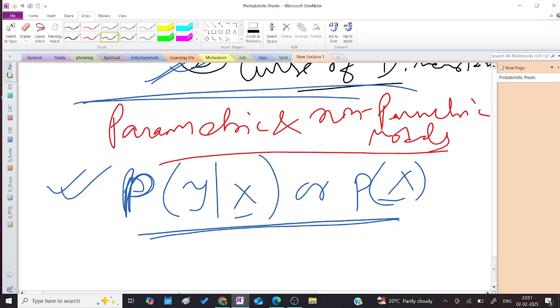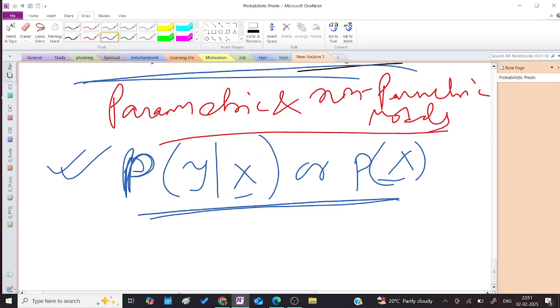So if the model is parametric, then it definitely will be a little faster. Okay, but if it is not parametric, then although it is flexible, it will be a little slower.